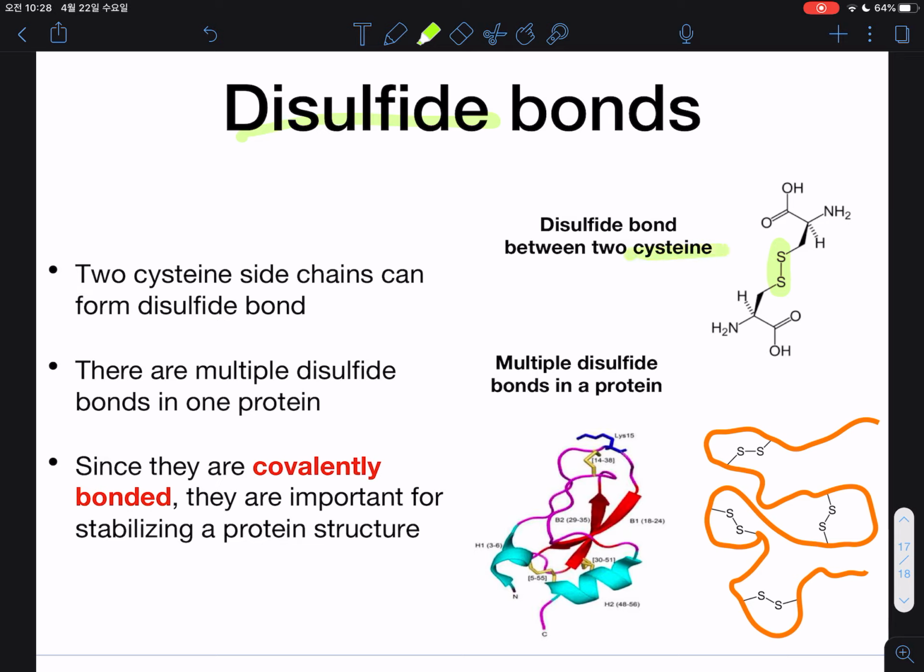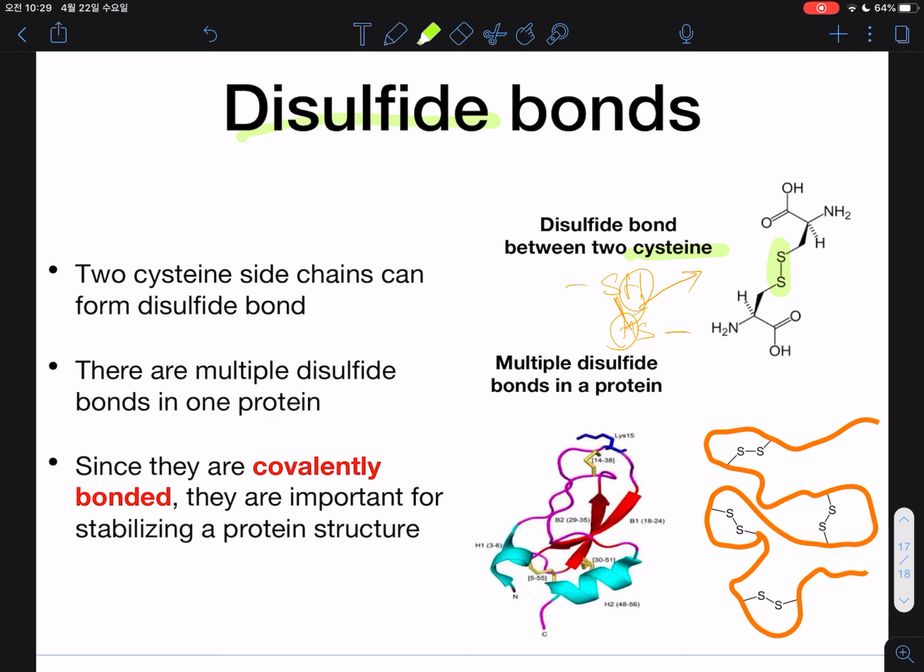If you remember, cysteine has an SH group at its end, and if two SH groups come closer, these hydrogens are extracted, and a covalent bond between these sulfur atoms is formed.